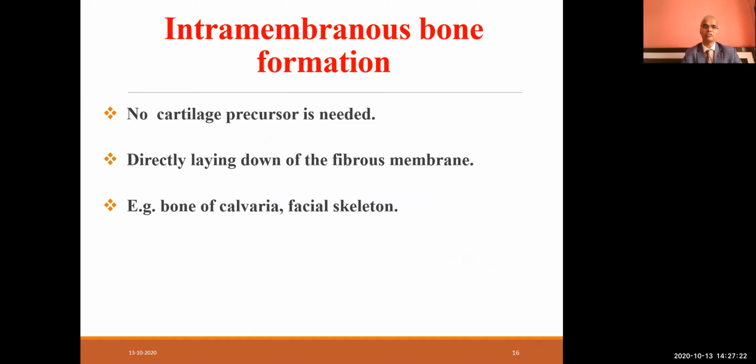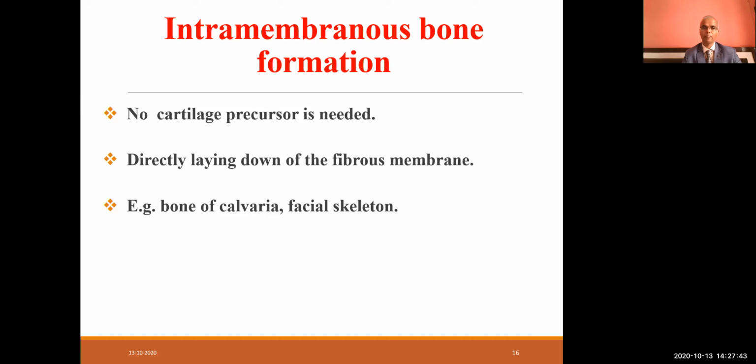Second is intramembranous bone formation. For intramembranous bone formation, no cartilage precursor is needed. There is direct laying down of the fibrous membrane, like the bones of the calvaria and facial skeleton.